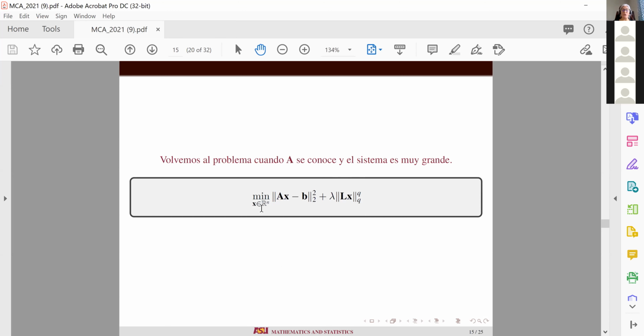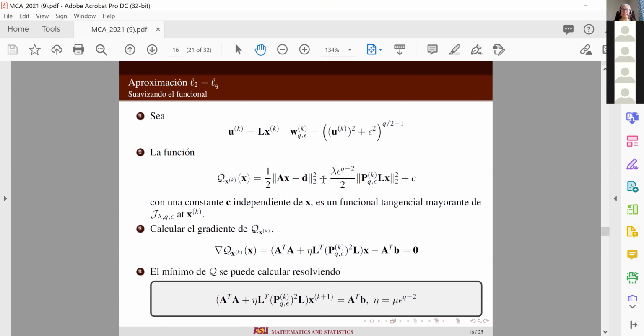But if A or this problem is very large, then an approach like the one Mirieta mentioned before is very helpful. And the idea, again, let me repeat, is instead of having that Q, oops, you don't know this, but my computer is starting to lose energy. We have to hurry up.